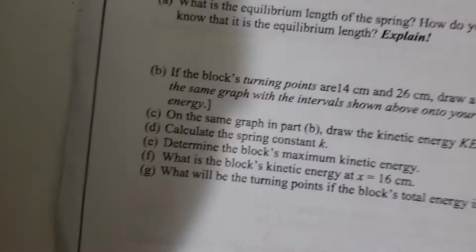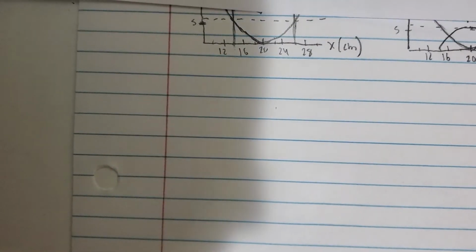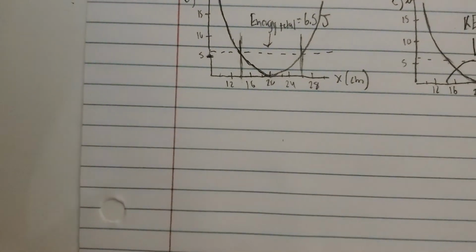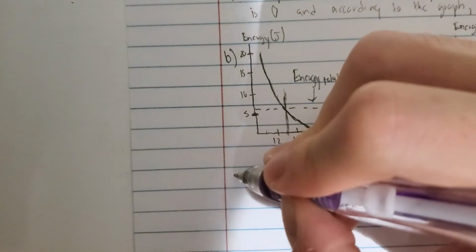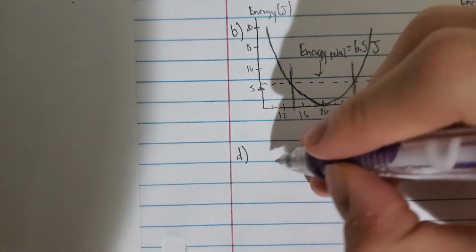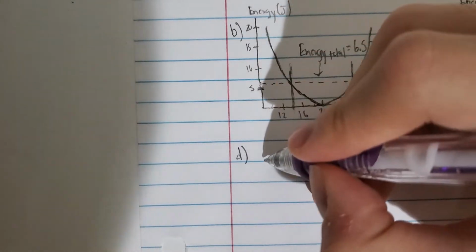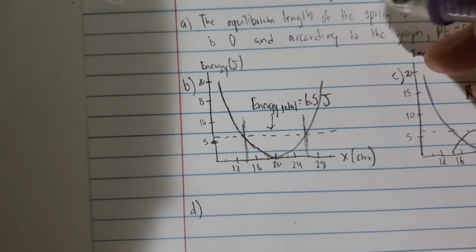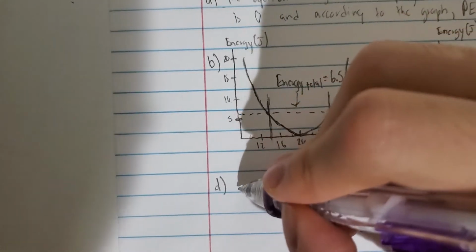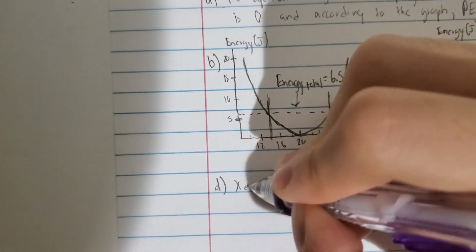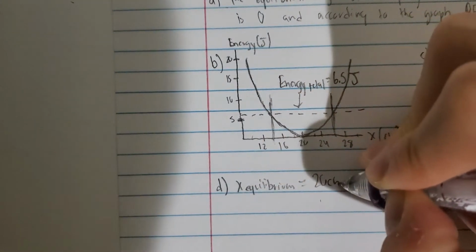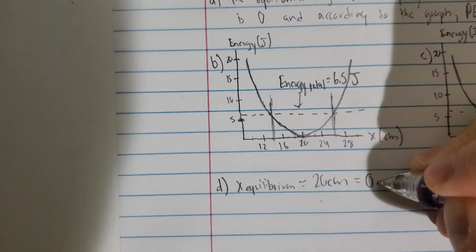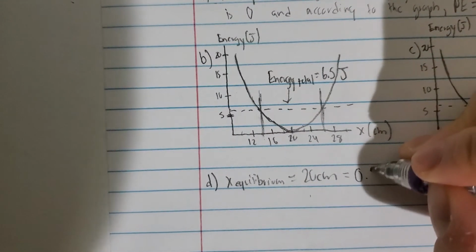Okay. So part D now wants us to calculate the spring constant. So first of all, I'm going to convert my equilibrium length into meters. My x at equilibrium I found to be 20 centimeters, but I'm going to convert this to 0.2 meters.